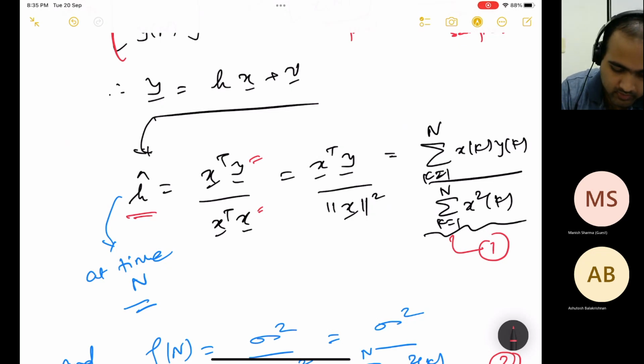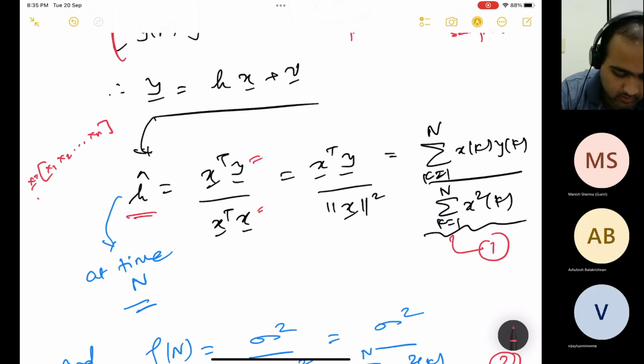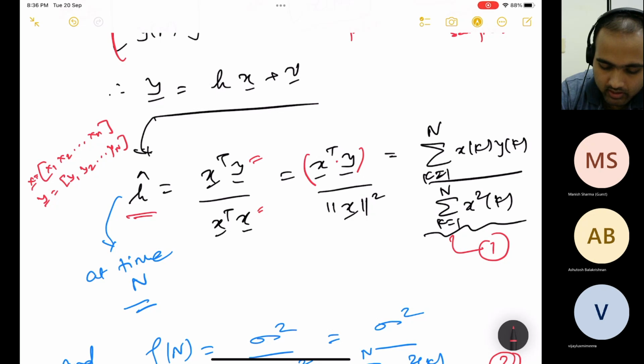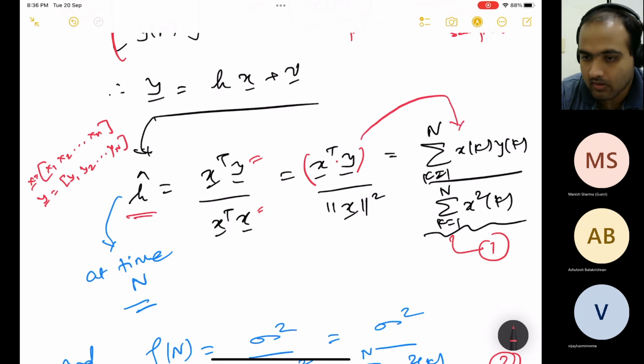If you have an x vector, say x1, x2, so on up to xn, and a y vector y1, y2, so on up to yn, then multiplying x transpose y gives the summation of all xk yk, the sum of products.